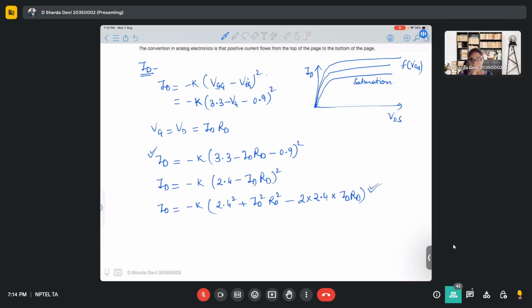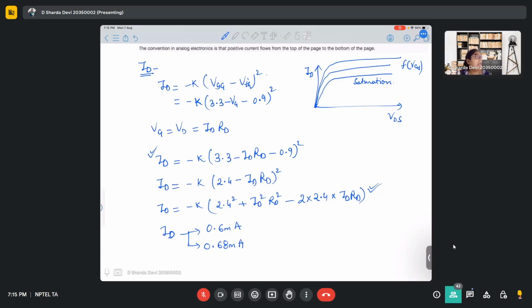How many solutions will we get for ID? Considering that this is a quadratic equation, we'll get two solutions for ID. I have already solved this equation. You can solve it on your own, but I'll tell you the values I got. One value is 0.6 milliamperes and the other is 0.68 milliamperes.